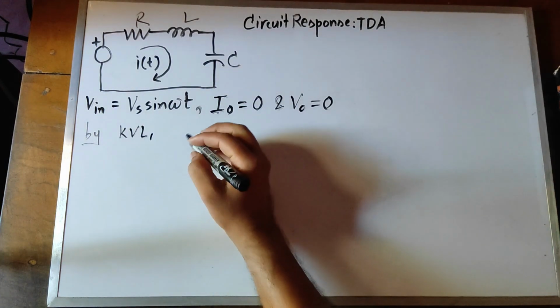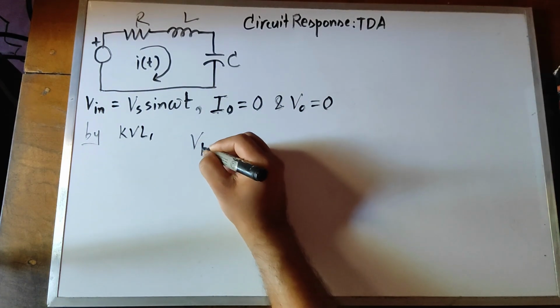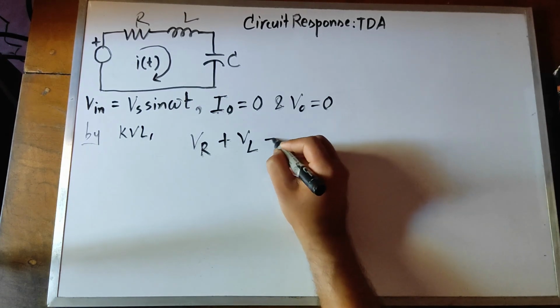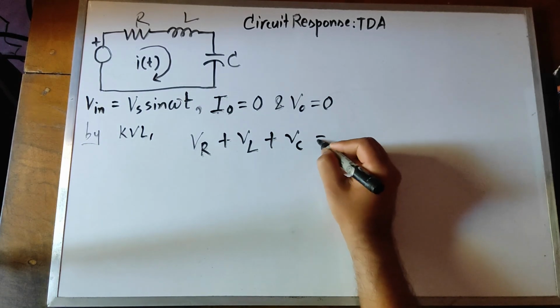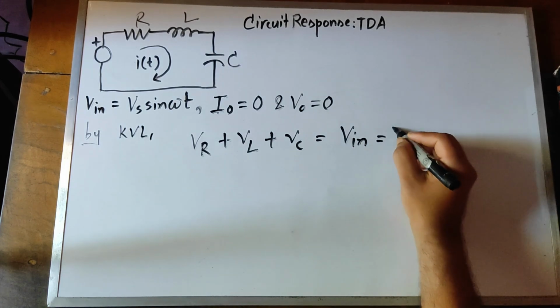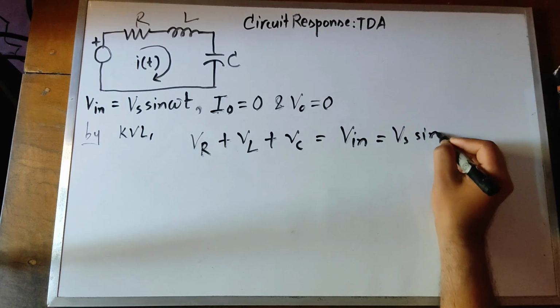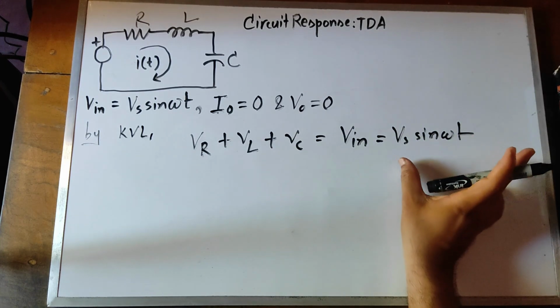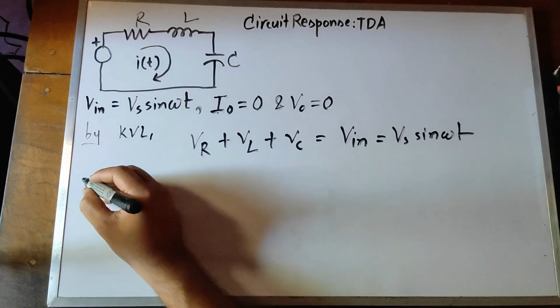So by Kirchhoff's voltage law, we know that the voltage across the resistor plus the voltage across the inductor plus the voltage across the capacitor is the input, which is Vs sin omega t, Vs being the magnitude of the input excitation.